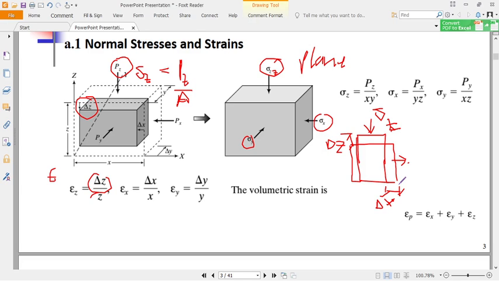Therefore, to determine the change in Y and in X direction as a result of application of a force in Z, we introduce what we call the Poisson ratio. Is that okay?